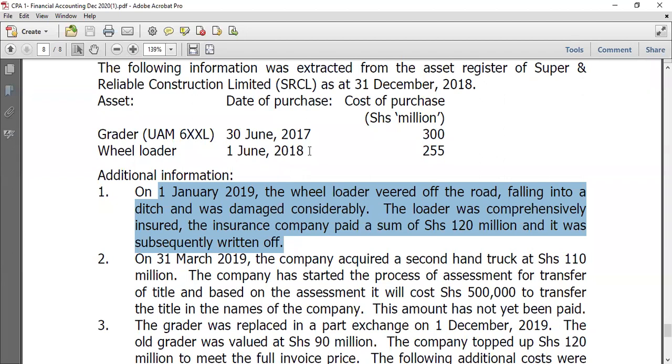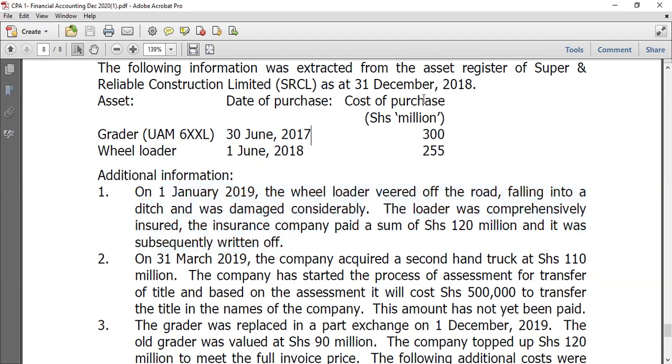Now, this loader was bought on 1st June 2018, and remember these extracts were at 31st December 2018. So for this wheel loader, we shall go ahead to depreciate it up to this period.